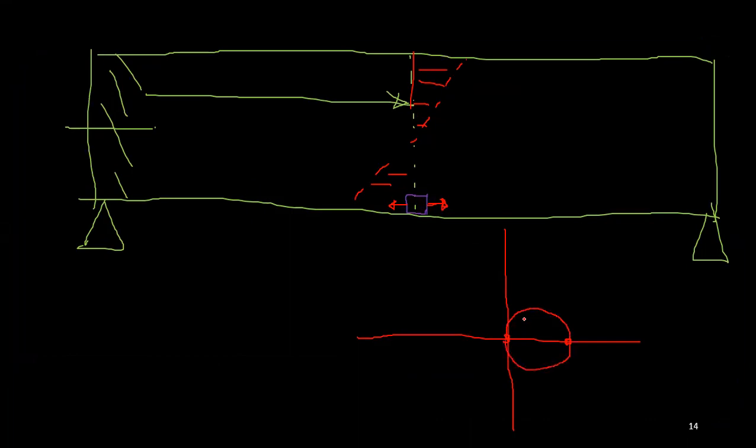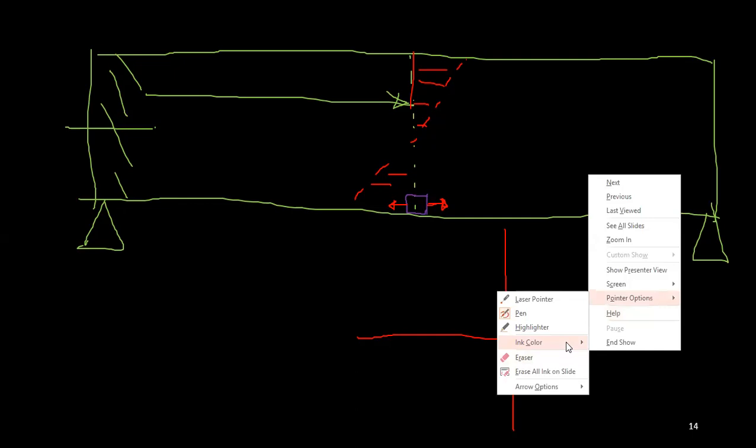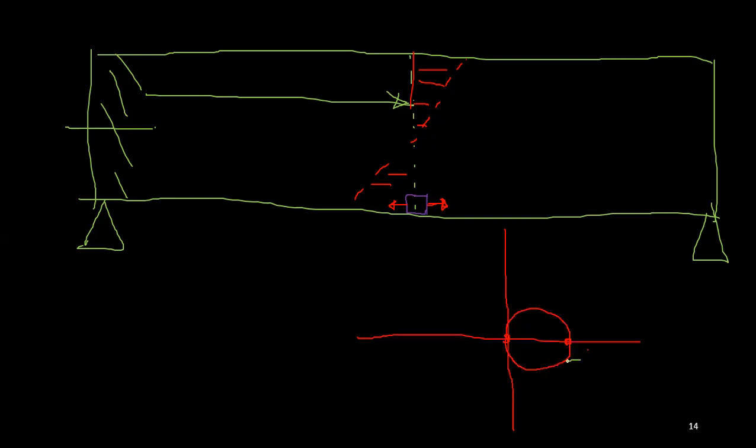From that moment, since your shear stresses are zero, that automatically becomes your principal stresses, right? This is the principal tensile stress. Let's call it sigma 1, and this is sigma 2, which is 0. The element does not have any compressive stresses, right?